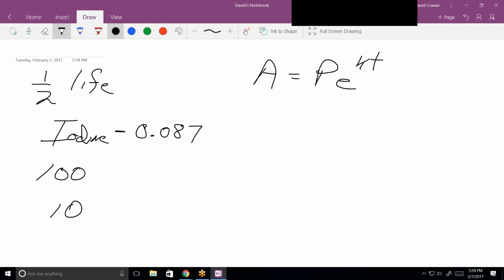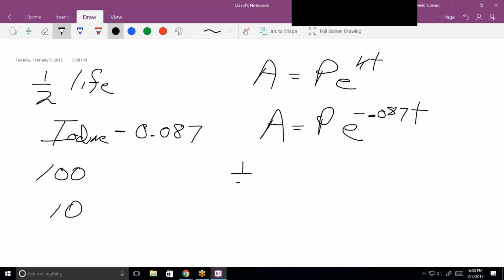Okay, so if we fill in everything we know here, we know k is minus 0.087 times t, right? And then you can put in 1/2 and 1.